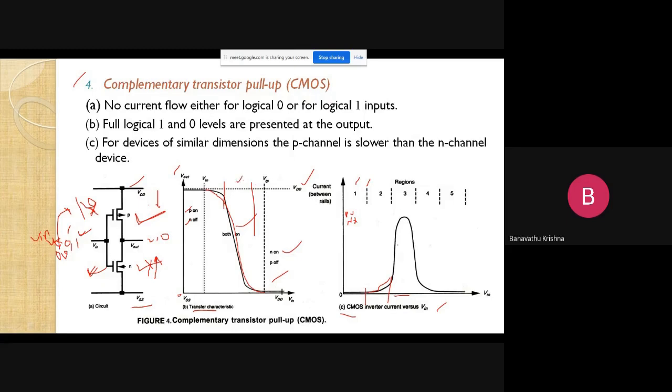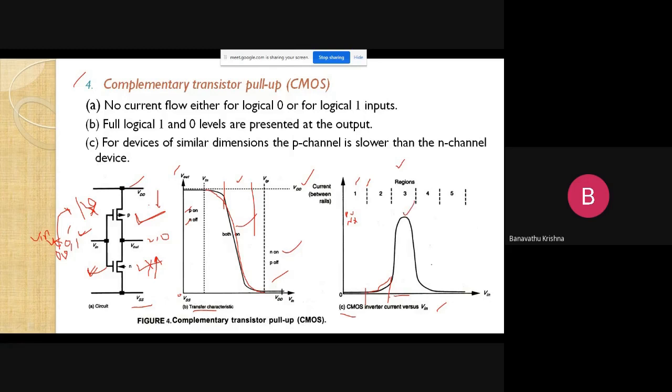When the input voltage exceeds this level, both devices go to on condition. When both are on, there is a path between VDD and VSS, and the maximum amount of current flows through those devices. So this is the maximum amount of current.